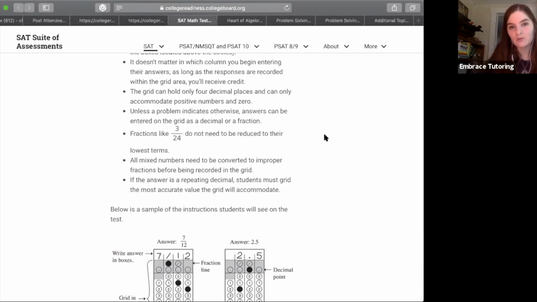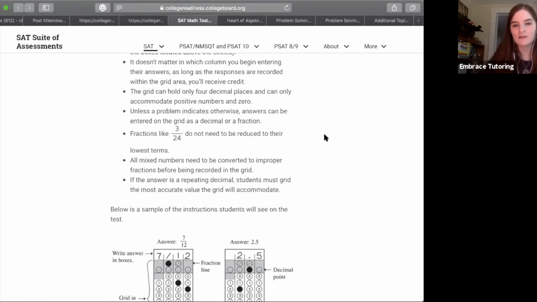So if you do something with fractions, like 3 over 24, it does not need to be reduced to its lowest terms. So fractions like that don't need to be reduced. You can just put in the fraction. That isn't to say that you can't put in a reduced, lowest terms answer, but it doesn't mean that you actually have to bother going through and doing the reduction to lowest terms.